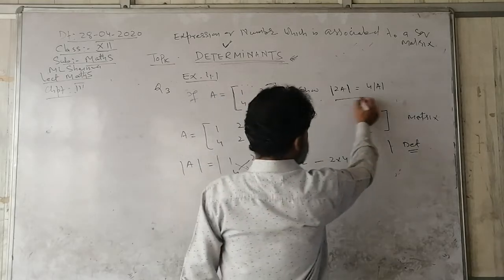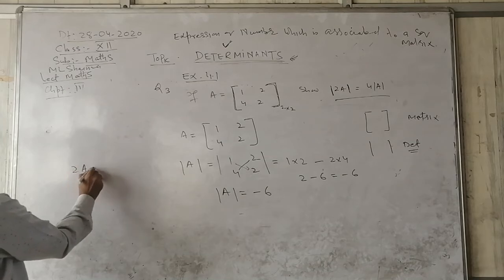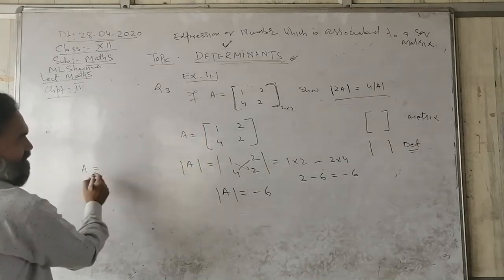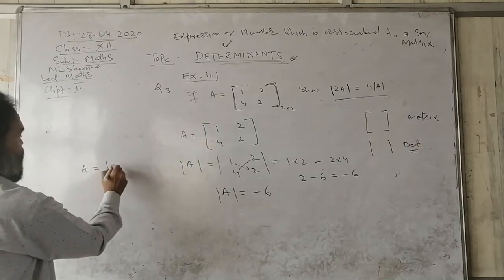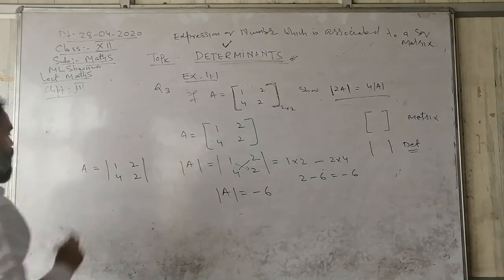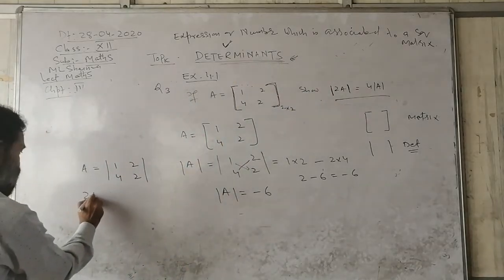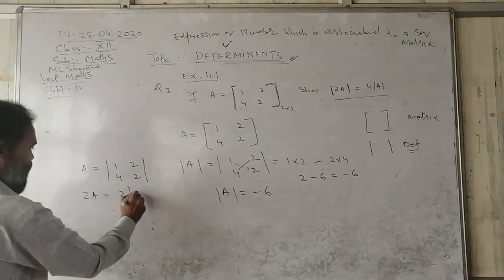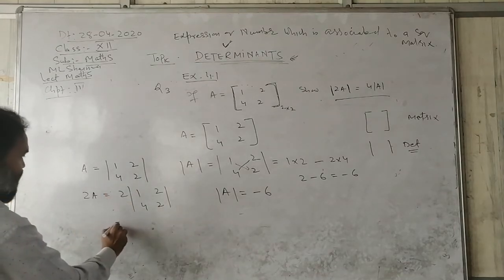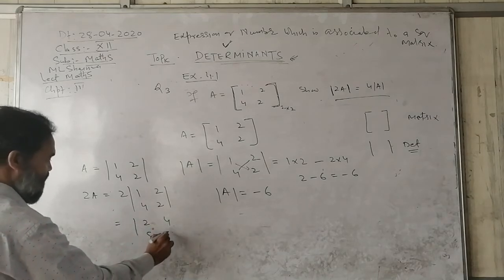Now I have to show this result. First I will have to calculate 2A. The value of A is given as 1, 2, 4, 2. As per the left hand side of this question, I will write 2A, which equals 2 times this matrix. If I multiply, I will get 2, 4, 8, 4.